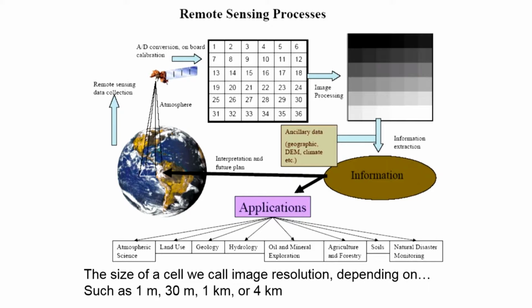The size of this cell which you see is related to the resolution. What is the smallest area you are able to see on the ground? It can vary from a few centimeters to kilometers, depending on the satellite mission, objectives and purposes. Then it can be displayed as an image or a picture, and that data can be analyzed for various ranges of applications.